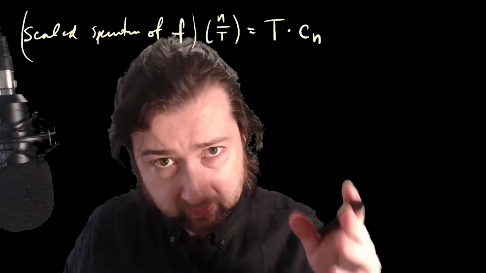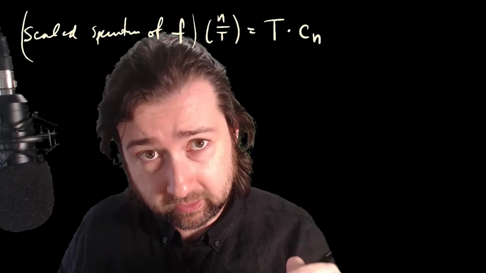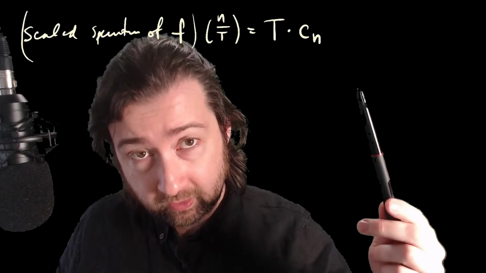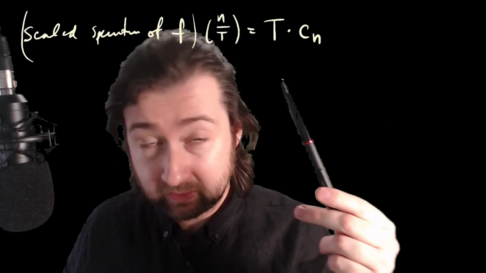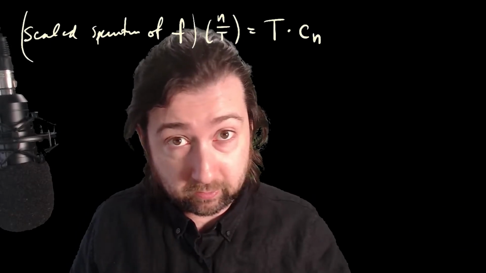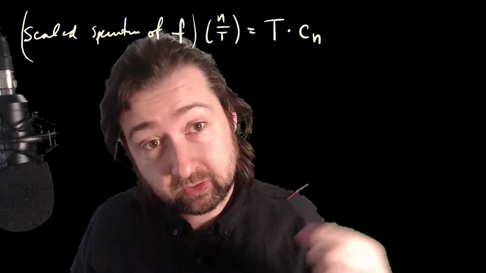We were working with a specific case of c_n's, but this is what we did. We calculated a formula for the Fourier coefficients at n over T, and then we multiplied it by T to scale it to make sure that the Fourier coefficients didn't disappear, and then we took a limit.